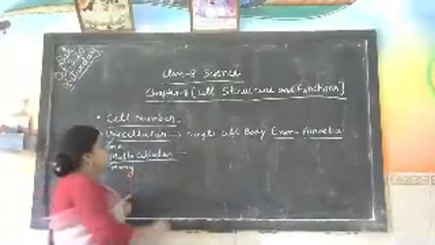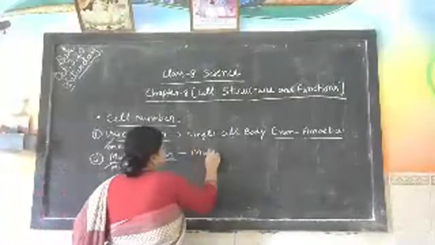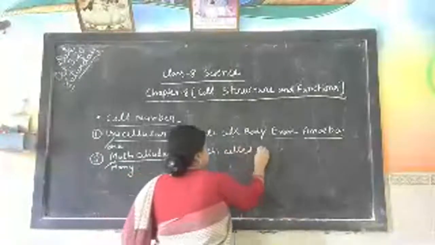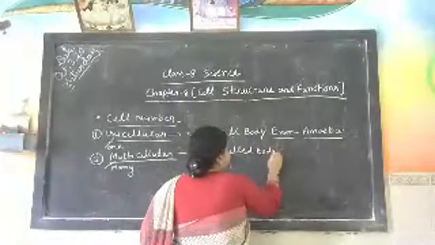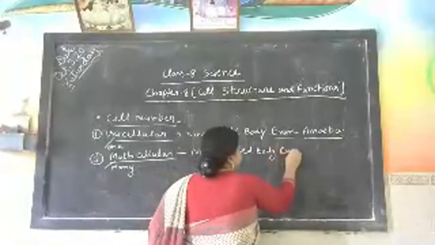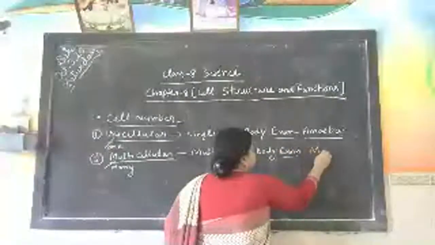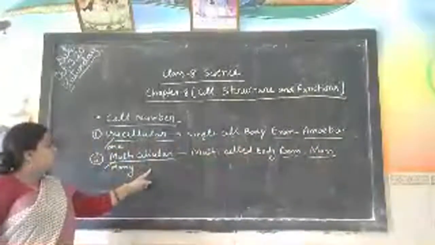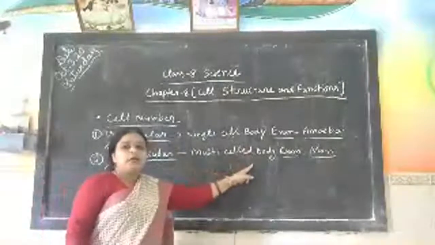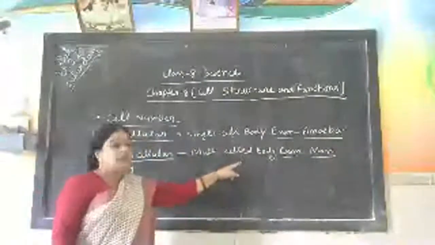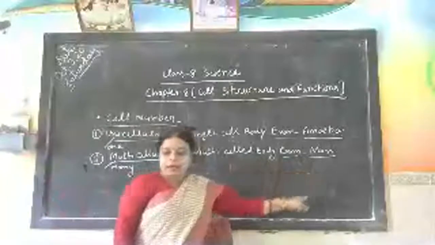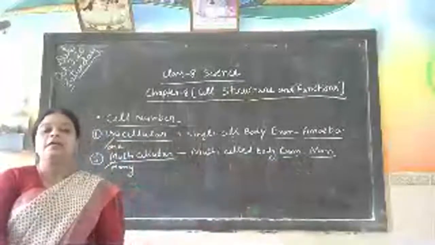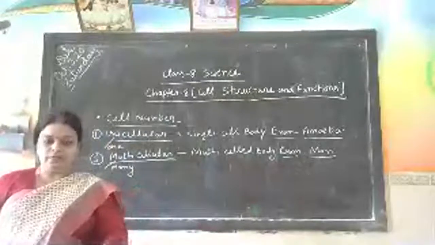Many cells. Multicellular organisms, multi-cell body means having many cells in their body. For example, man. Now we will see our next topic, cell structure.